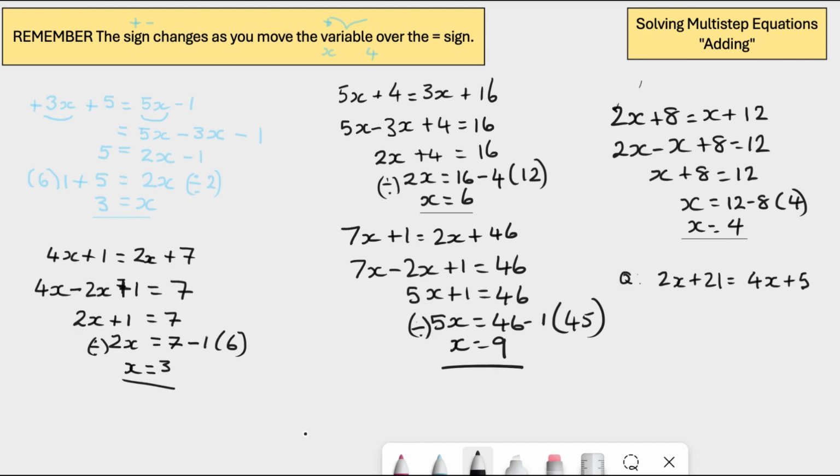I'll give you a hint. It doesn't matter which side the x is. If you see here that normally it goes that way, but in my example, it went in that way. Doesn't matter. It really doesn't matter. So it's whichever way your brain works. So that's the question, and then I'm going to give you the answer.